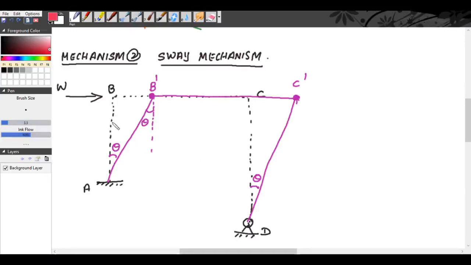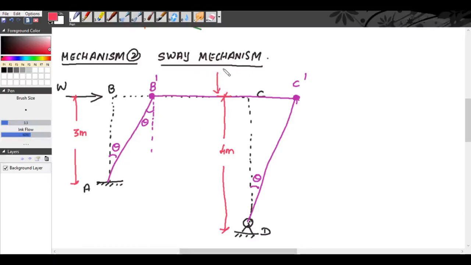See here, AB and CD are of different lengths. AB is 3 meter in length and CD is 4 meter in length. Since the lengths are different, this rotation angle also will be different.